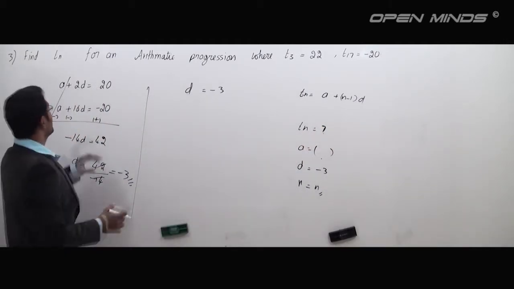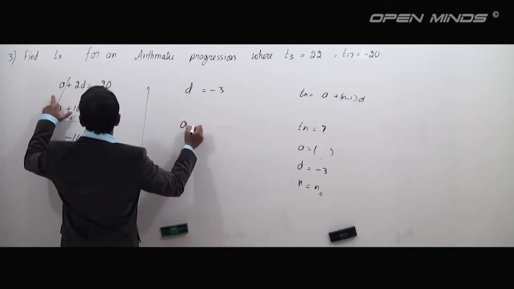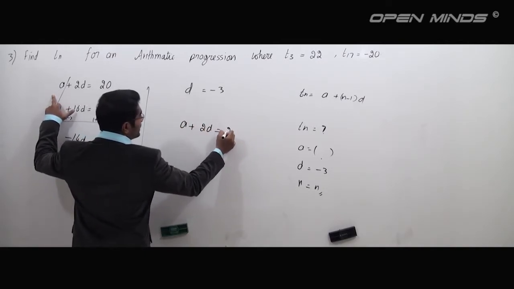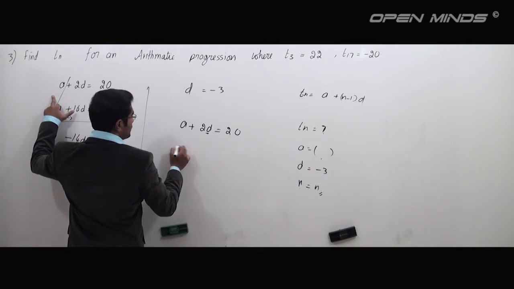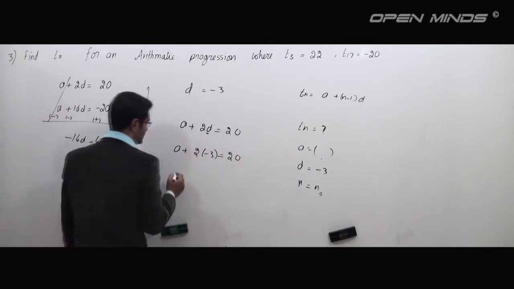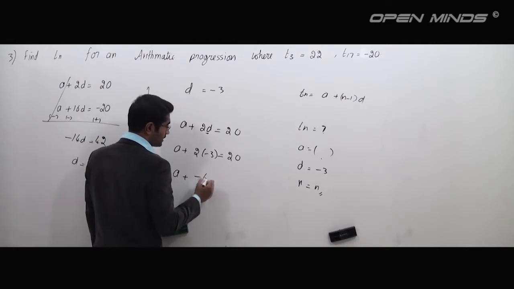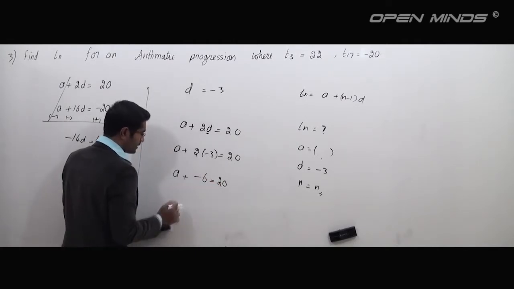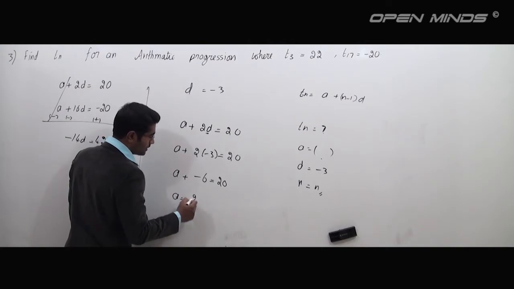Good enough. So if I take any of the equations, let's say a plus 2d is 22 and d is negative 3, so a plus 2 times negative 3 is 22. We get a plus negative 6 is 22, and I can write that a is nothing but 22 plus 6, which is 28. So we got this.